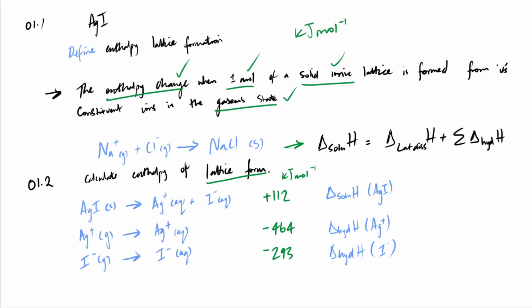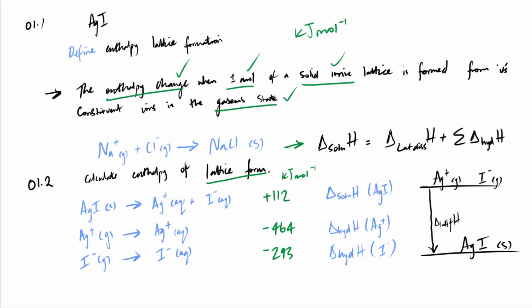So let's look at a very simple energy diagram. I've spoken about this before, but hopefully it can help you cement it in your mind. We've got our solid ionic silver iodide, and we've got our constituent gaseous ions up here, our silver and our iodide. This arrow is exothermic, and that's going to be our lattice formation.